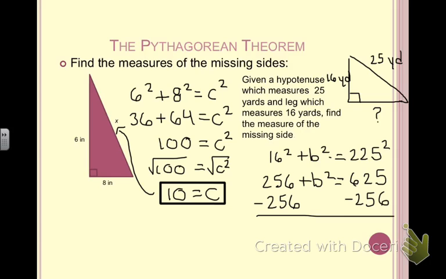This gives us b squared equals 369. Take the square root, and using our calculator, we get that B is approximately 19 2/10 yards.